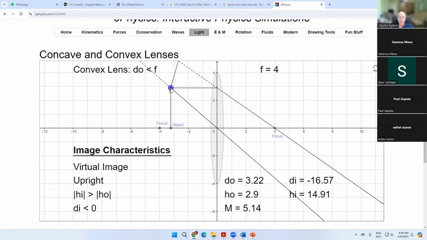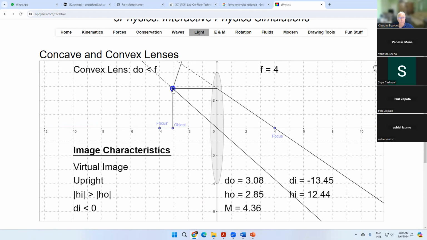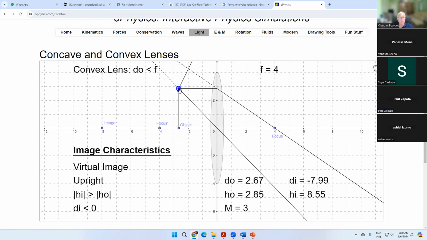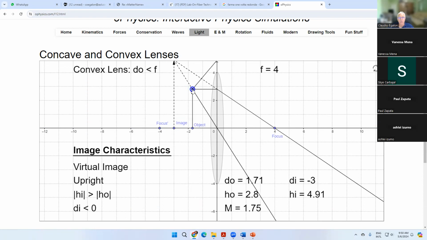Past the focal point, you get the idea? Here you go, the image is going to be virtual. And here's the image right in here, showing up finally. The image is being formed so far away that it doesn't fit on the screen, but as we approach the object to the lens, here you go, here's the image.